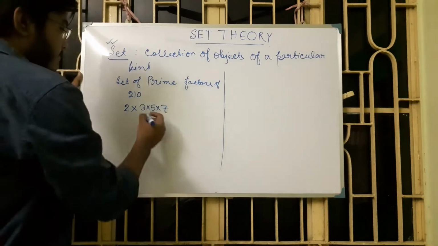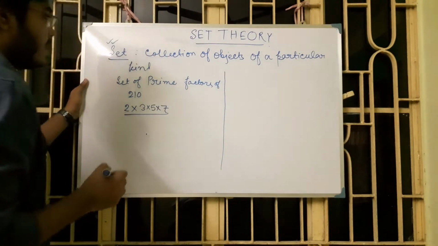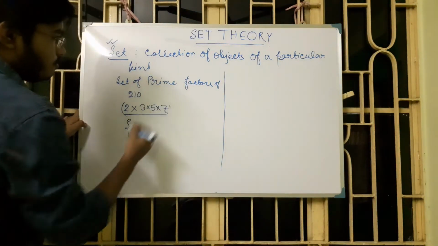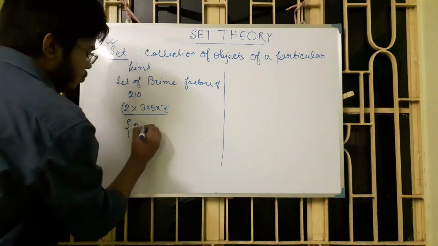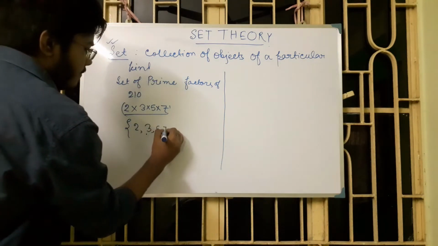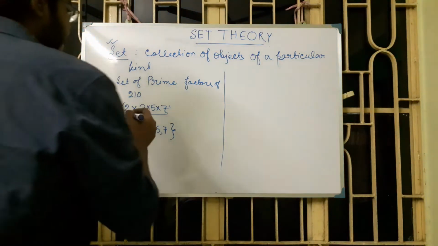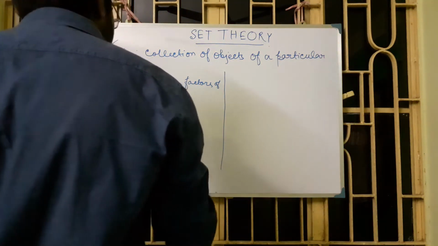So 2, 3, 5, 7 are the prime factors. So the set of prime factors of 210 is 2, 3, 5 and 7.